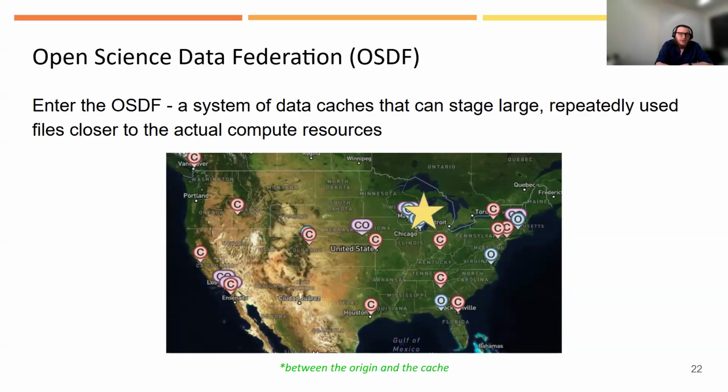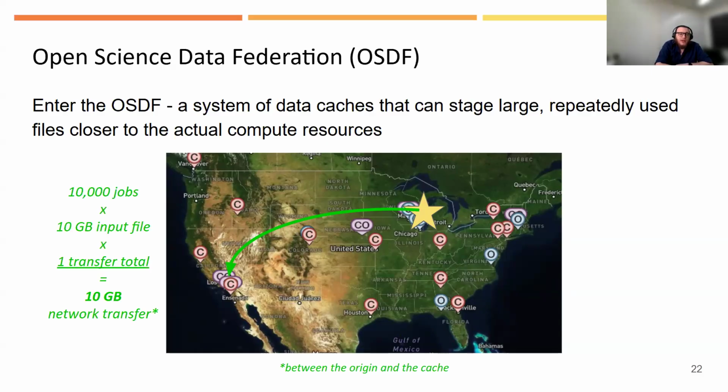So again, we're submitting out of somewhere in the Midwest here, and we sent that 10 gigabyte file out to the cache in San Diego. And now those compute servers in San Diego, when they need to access the file, they just go to that cache instead of going all the way back to the Midwest. And so, with the 10,000 jobs and a 10 gigabyte file, we only transfer that file once to the cache, and then it just keeps getting reused.